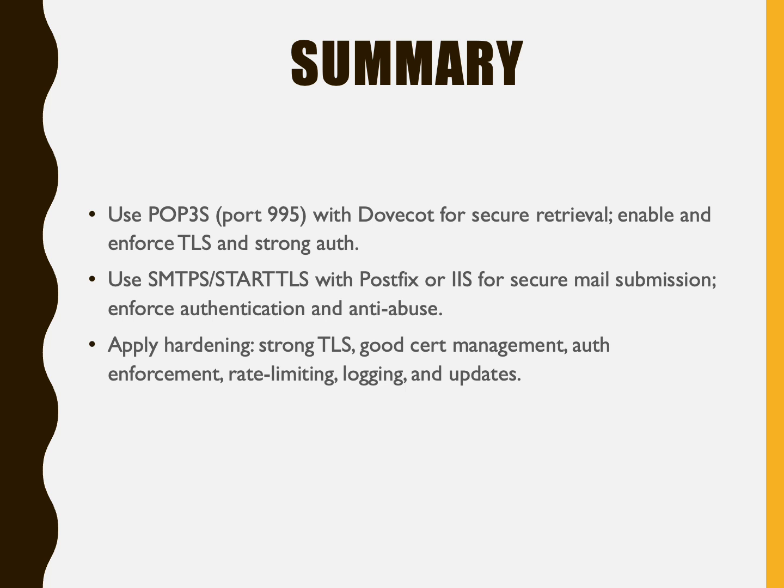For secure email submissions, SMTPS or STARTTLS should be used. On Windows, IIS SMTP can be configured with TLS, though you want to be very careful with hardening to prevent any abuse. On Linux, Postfix offers flexible and powerful SMTP support, but again, it must be locked down with proper authentication, TLS enforcement, and anti-abuse measures.